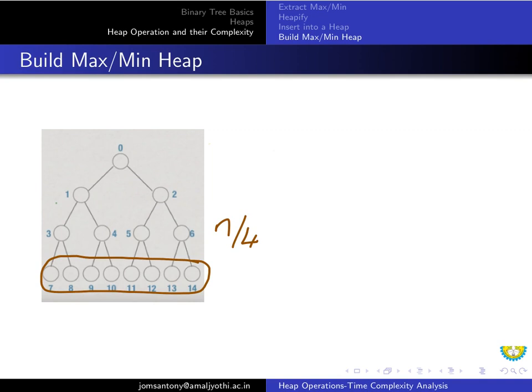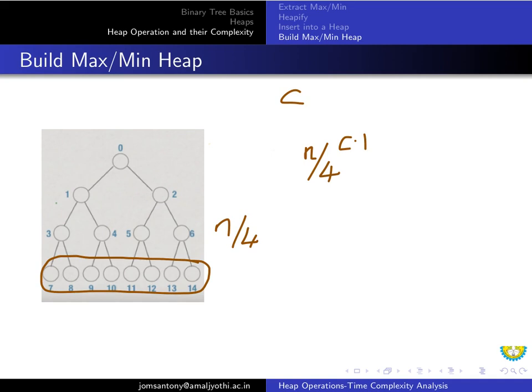Suppose comparisons and swapping will take a constant time, say c. Then to perform comparisons and swapping at this level for each node, it will take n by 4 into c into 1, because you need to only do one comparison and swapping for each node.